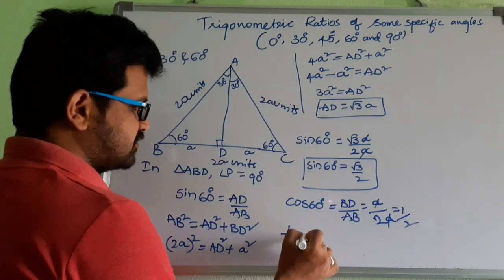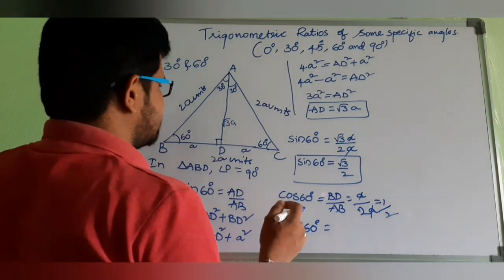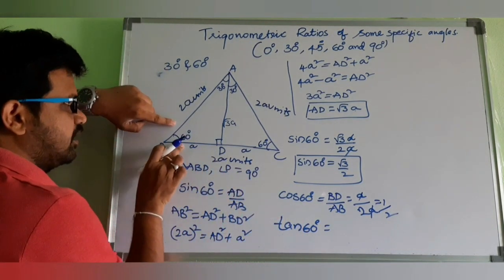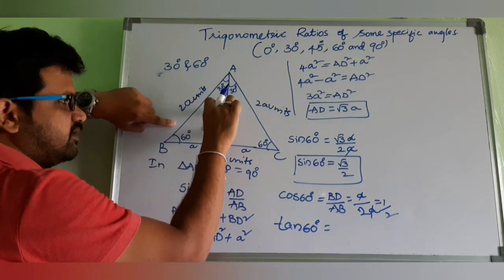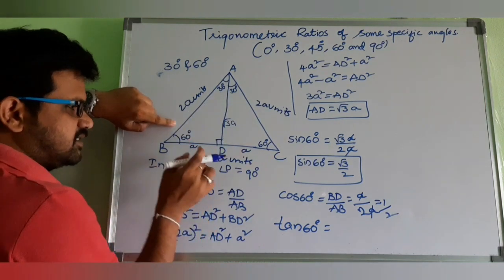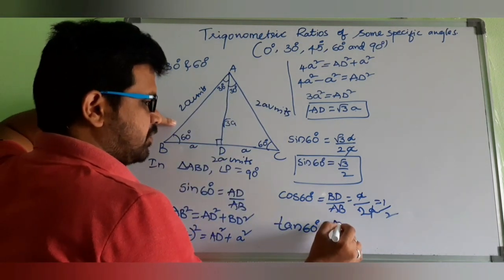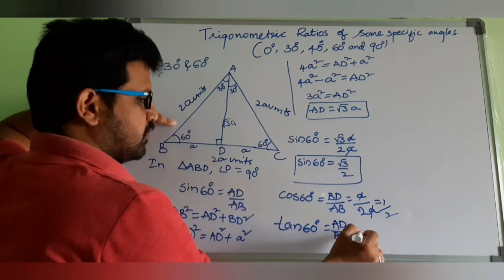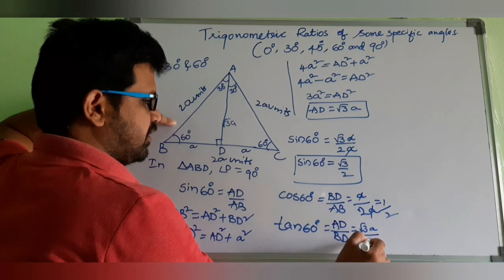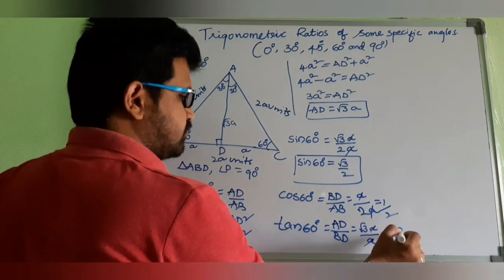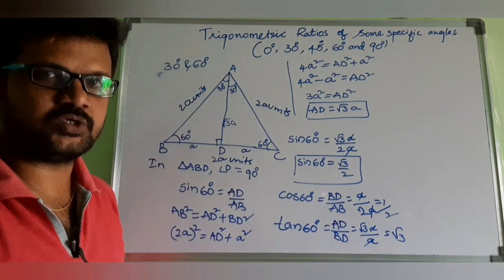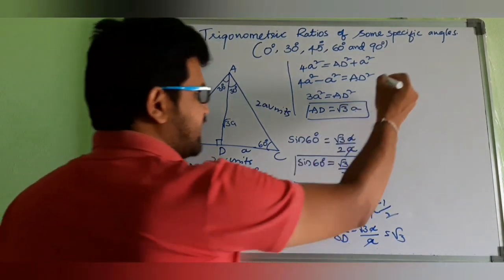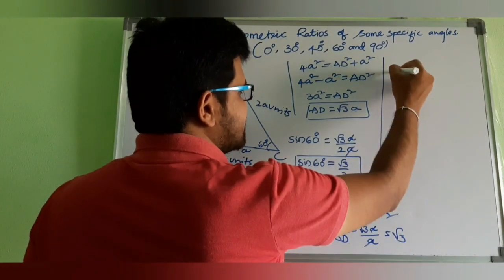Tan 60 degrees, right? With respect to this angle, AD is the opposite side and BD is the adjacent side. So AD by BD, that is root 3a divided by a, cancel, that is root 3. Tan 60 degrees value is root 3. And the next one, secant 60 degrees.